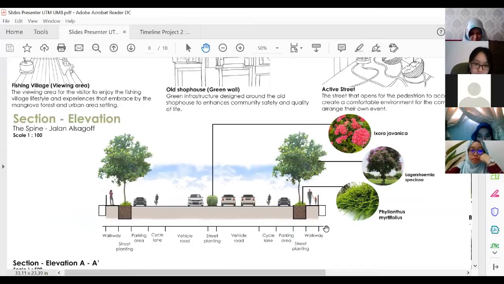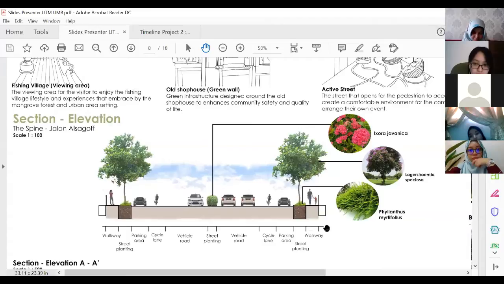This shows the street hierarchy that I propose: a new street pattern for Jalan Asagov, which, as you can see, will provide, beside a vehicle road, a bicycle lane and also a pedestrian walkway.